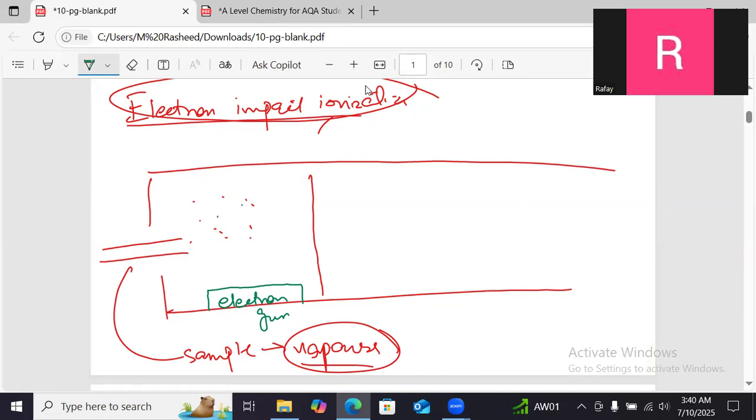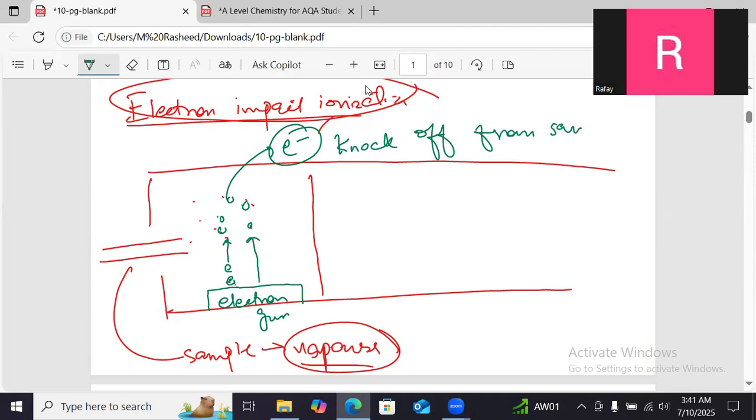So when the sample particles are present in the ionization chamber, then electron gun supplies electrons to these sample particles. As a result, these sample particles will eject one electron. One electron is knocked off from sample.